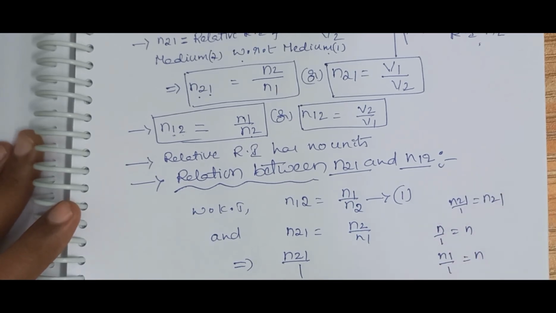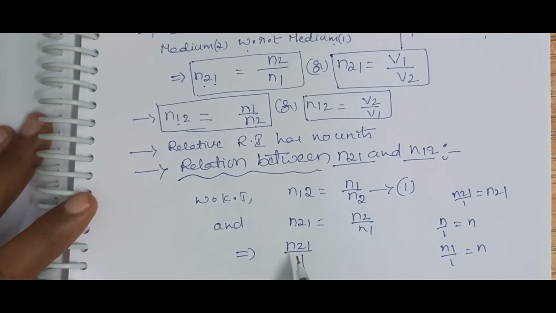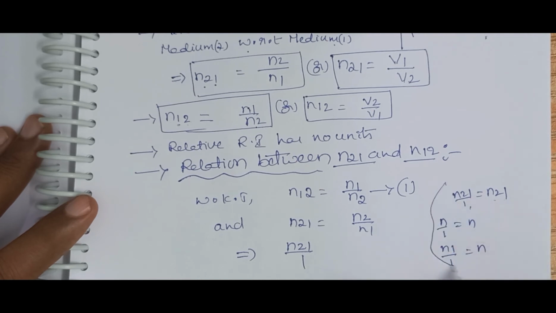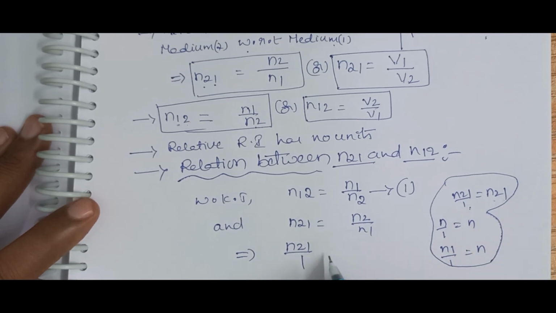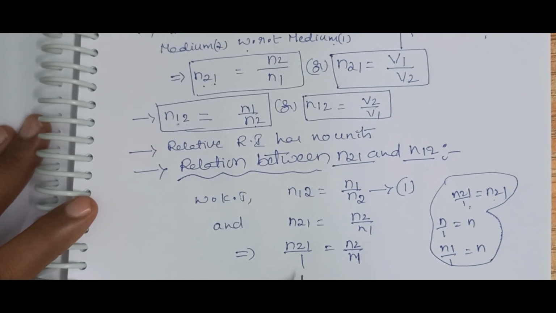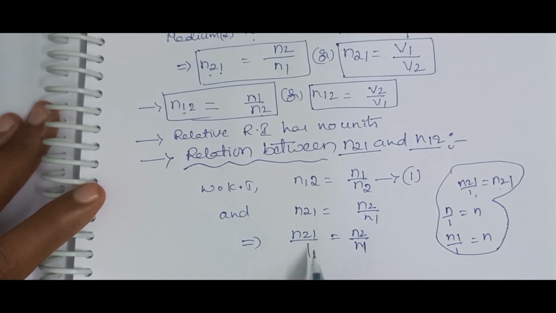To derive the relation between these two, n21 is divided by 1. On dividing n21 by 1, we get n21 because anything by 1 is equal to itself, so it equals n2 by n1. For our requirement, n21 is written as n21 by 1.